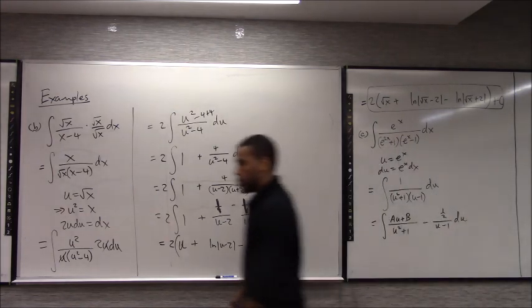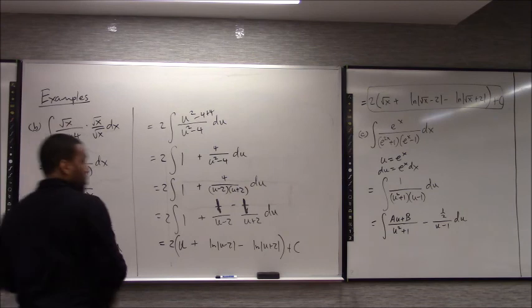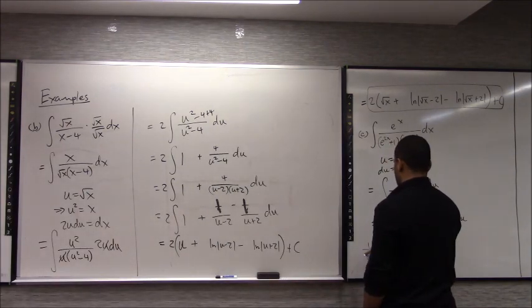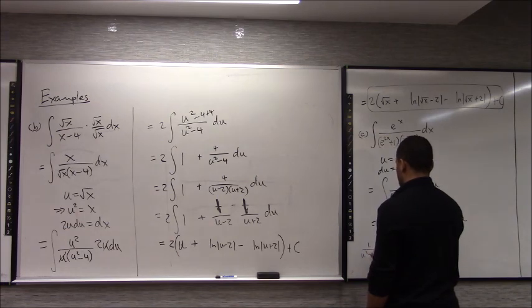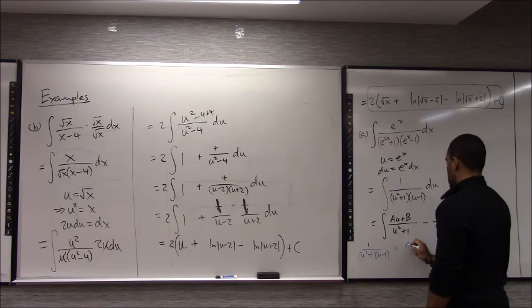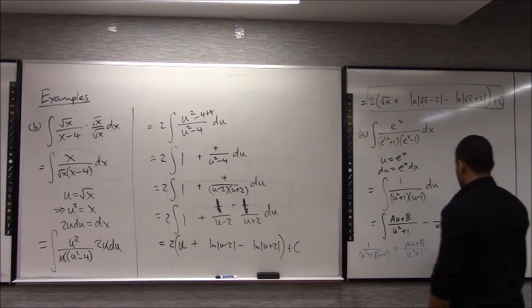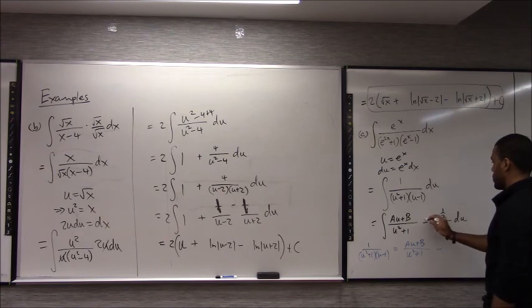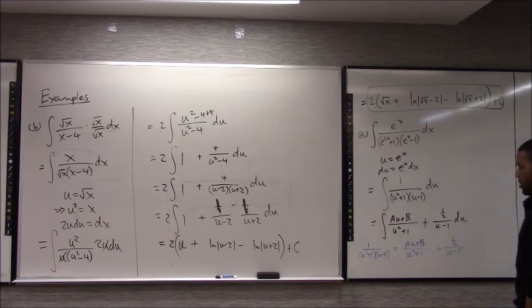So now I'm going to work on the partial fractions here. I want 1 over u squared plus 1 times u minus 1 to be equal to au plus b over u squared plus 1, plus a half over u minus 1.